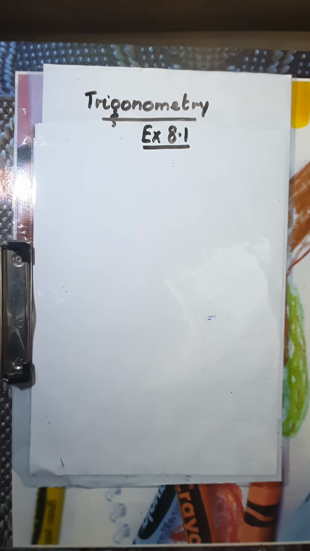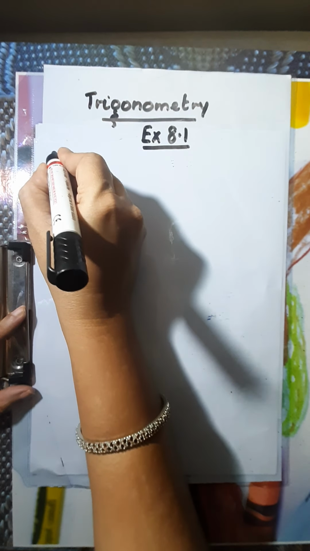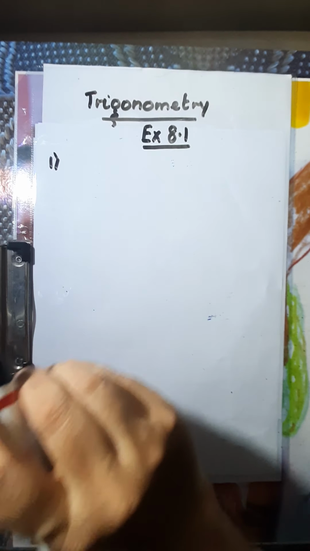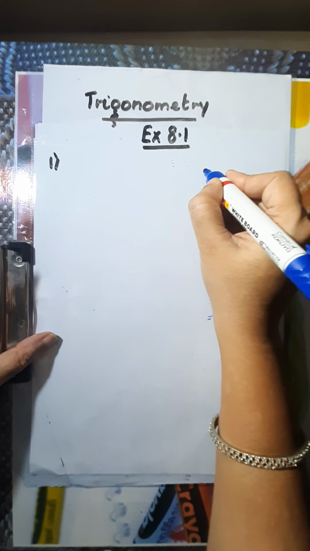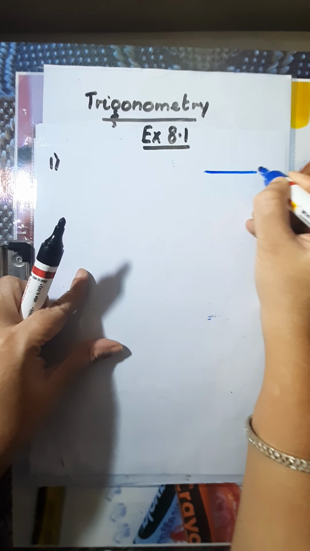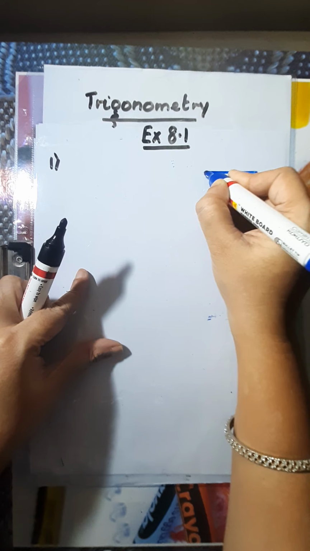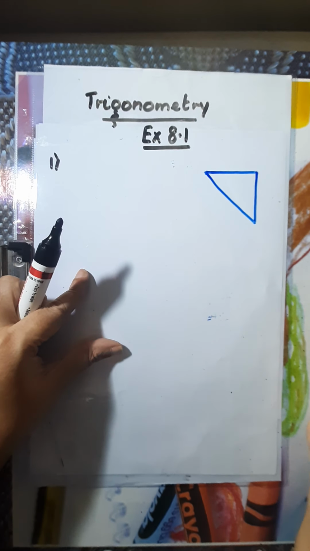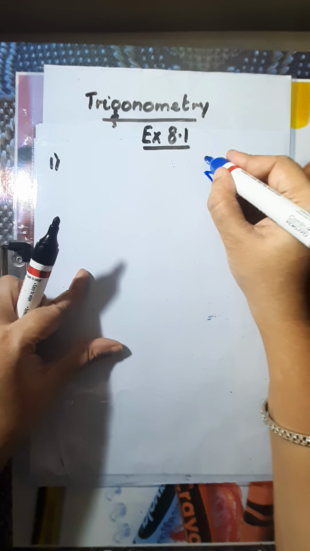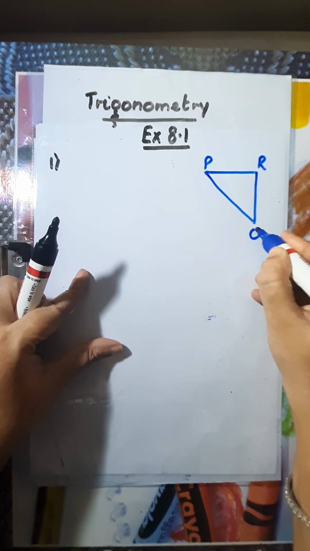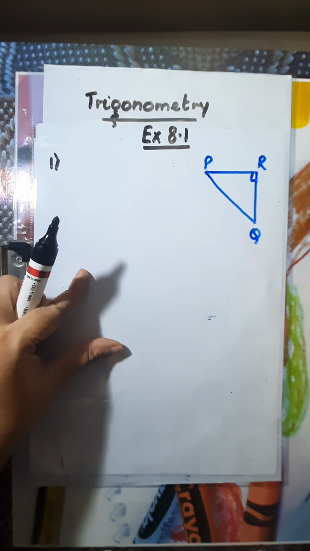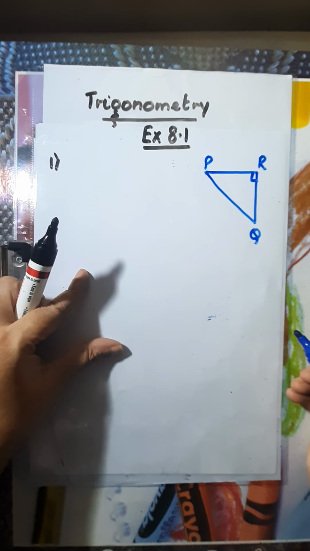Now, the first sum that is given, this is my triangle. The name of this triangle is P, R and Q. This is my 90 degrees out here, right?